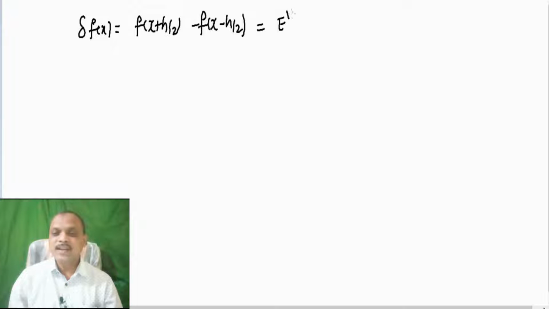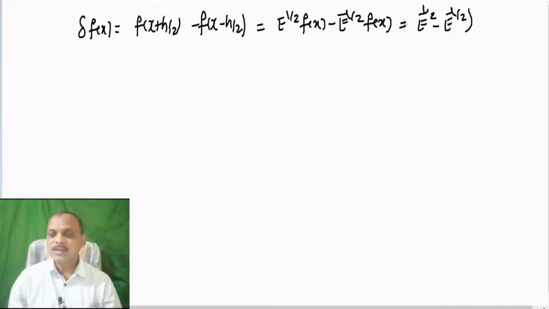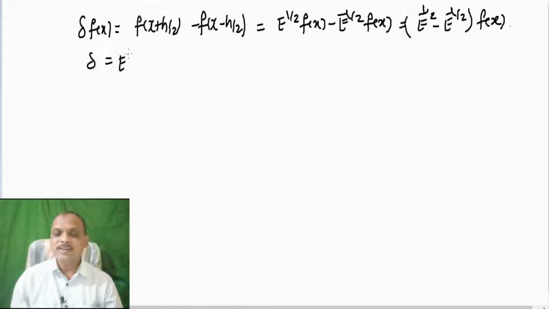We write this as e raised to 1 by 2 f of x minus e raised to minus 1 by 2 f of x. So this is e raised to 1 by 2 minus e raised to minus 1 by 2, operating on f of x.